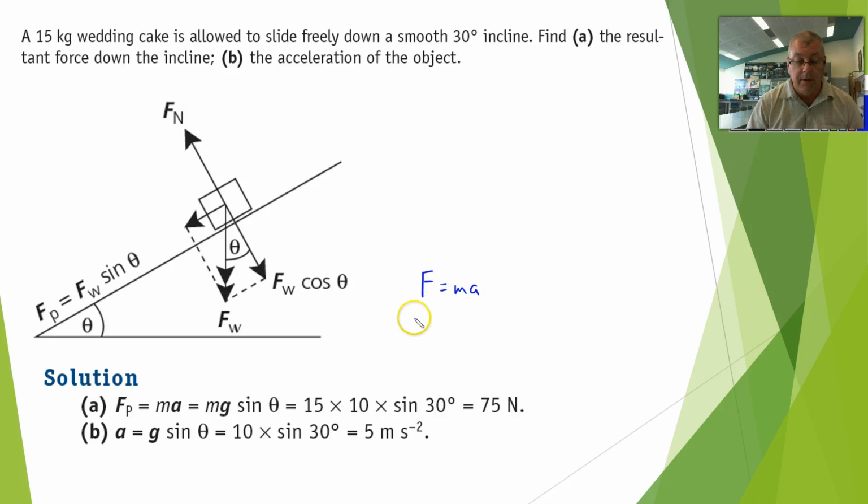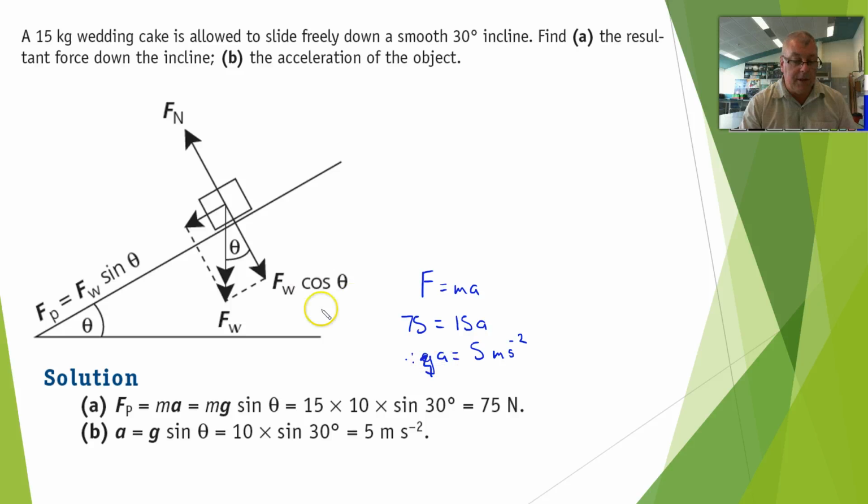So if this force is down the plane, 75 equals 15a, therefore a equals 5 meters per second to the minus 2. And so the acceleration is proportional to the component of the force, given the mass of the object. And you can see that there's no resistance here.